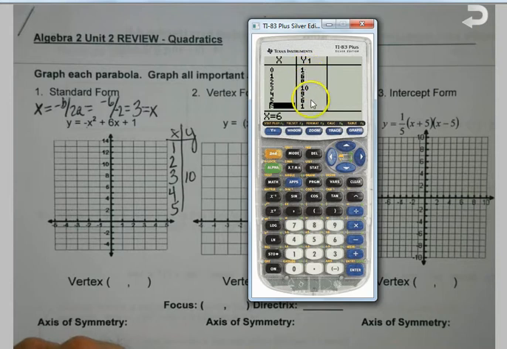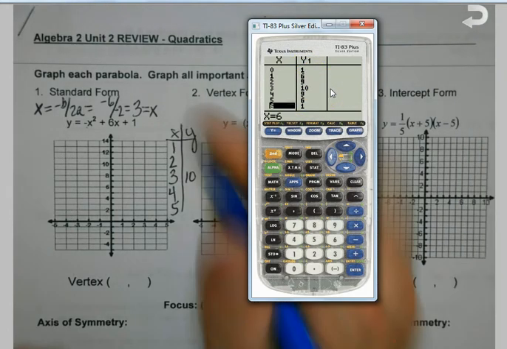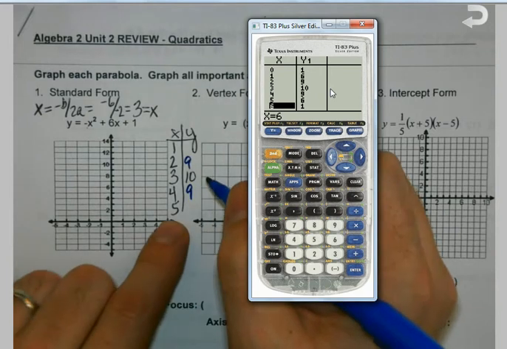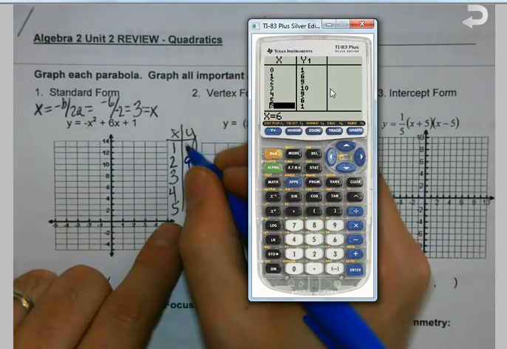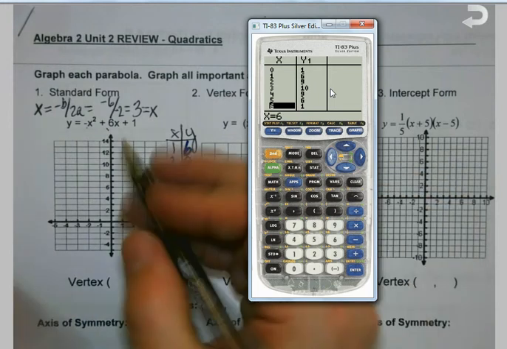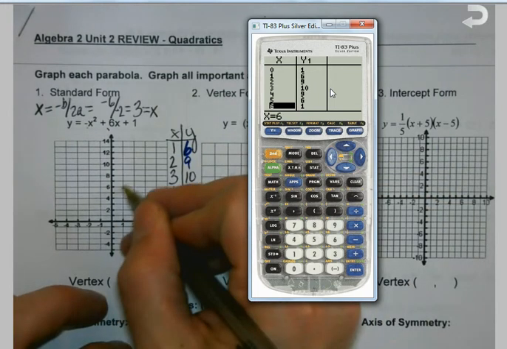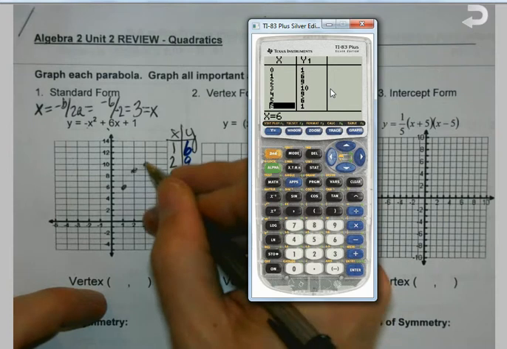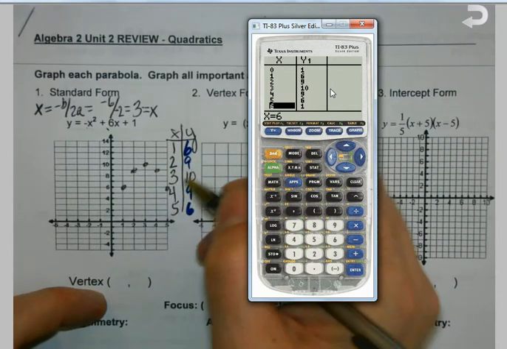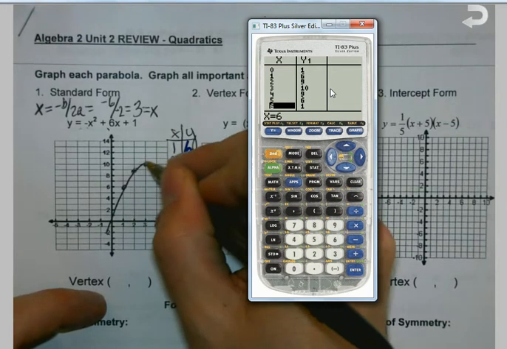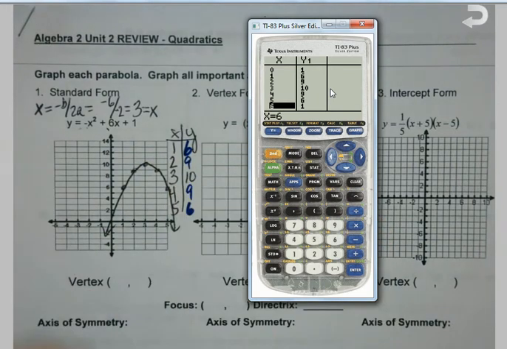And I see the symmetry that I talk about all the time. So I'm going to go ahead and get my values plugged in. If I didn't want to use the calculator for some reason, I can just plug these x values in and get the y values out. So let me get my points plotted. Okay, this is just an equals, it's not an inequality, so I'm just going to play connect the dots.